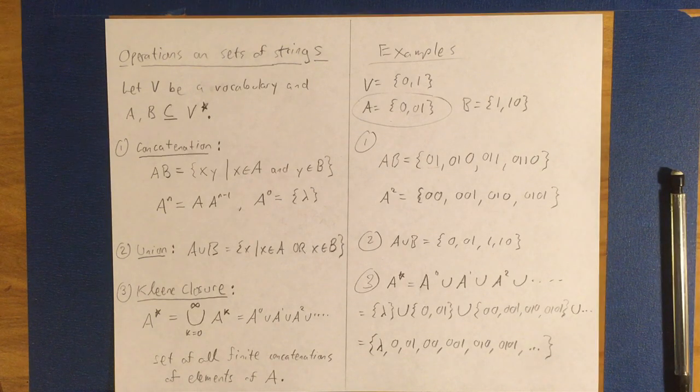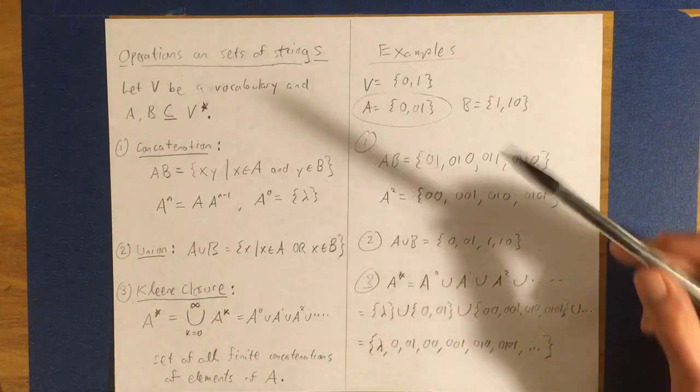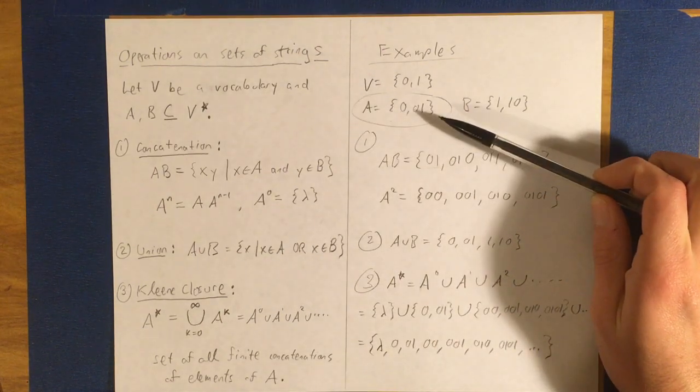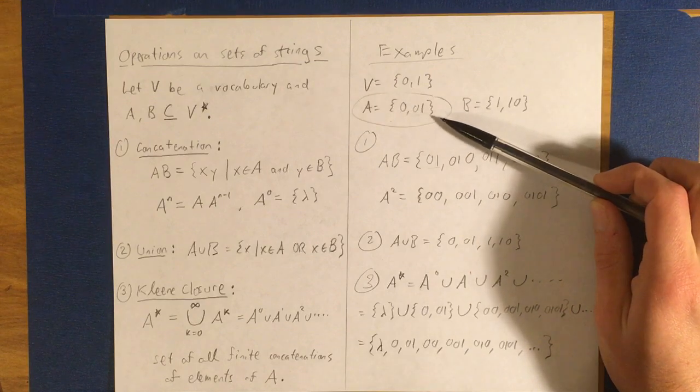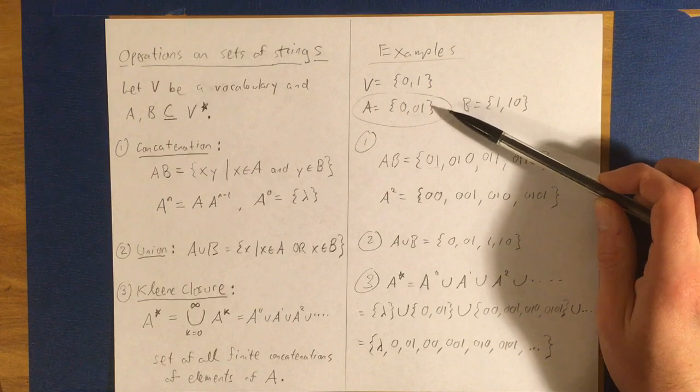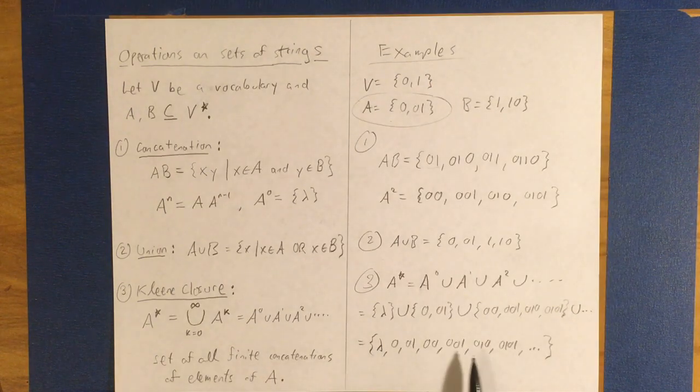It's really notable that even though the set you're doing the Kleene closure of might be a finite set, and even though every single string that results in this set is a finite string, it's still an infinite set, because the finite strings can be arbitrarily long, which occurs because this goes all the way to infinity, right? You never actually get infinite strings in this set. You just get infinitely many finite length strings of arbitrarily long length.